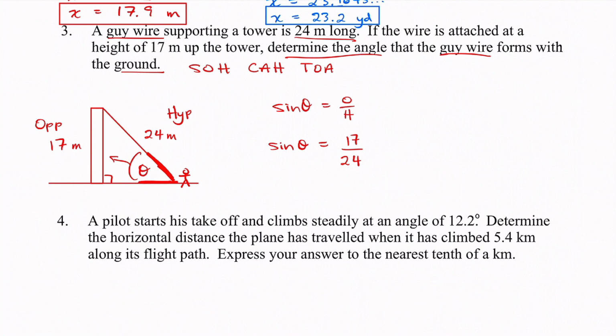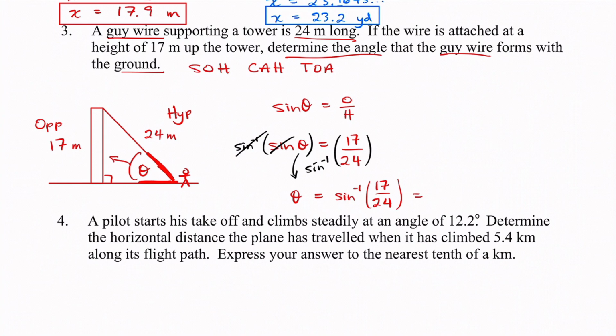Okay, and then to get rid of the sine, we got to take sine inverse. So sine inverse this side, sine inverse the other side, and sine inverse, those two cancel out. That's what I wanted. So the only thing coming down is the theta. So theta equals sine inverse of 17 over 24.